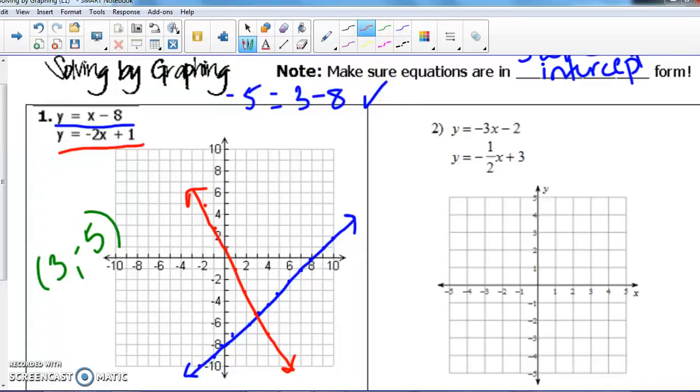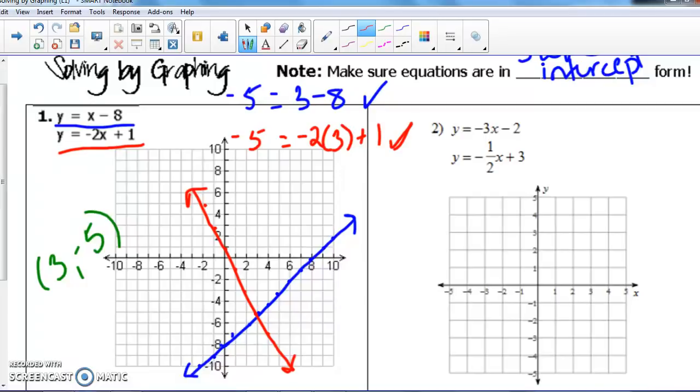And in the bottom, if I plug in the ordered pair, -5 equals -2 times 3 plus 1. -2 times 3 plus 1 is -5. So that's what I mean about the ordered pair, quote, working in both equations. And not that you need to show me that work on every equation, but just so you know that it's available to you if the situation arises.